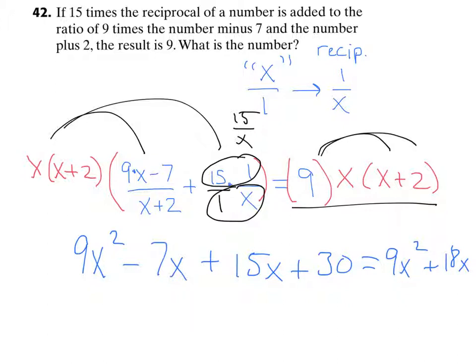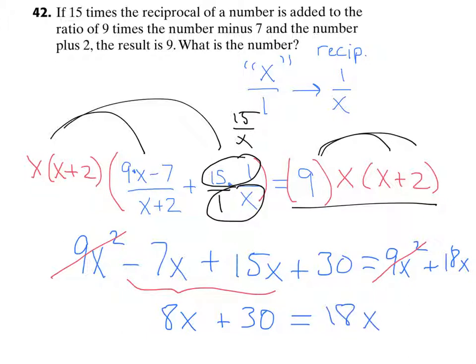Does that make sense? I'm lost on when you're distributing the 9. Do you not have a 9x anymore? Let me get back up here, because it's important.